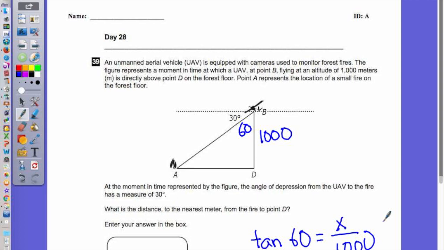Okay? And I believe the tangent of 60, I think, is 0.8660. But whichever, no, it's not. I have something written wrong here. I have the right answer, but I don't know why I wrote 0.8660. I did something wrong. Okay, tangent of 60 times 1,000 is 1,732.